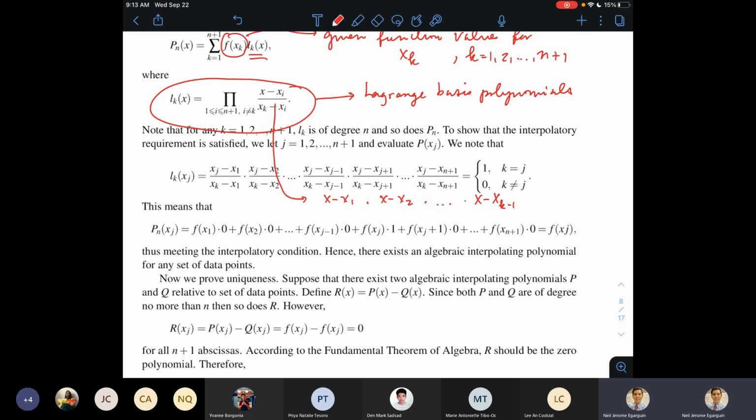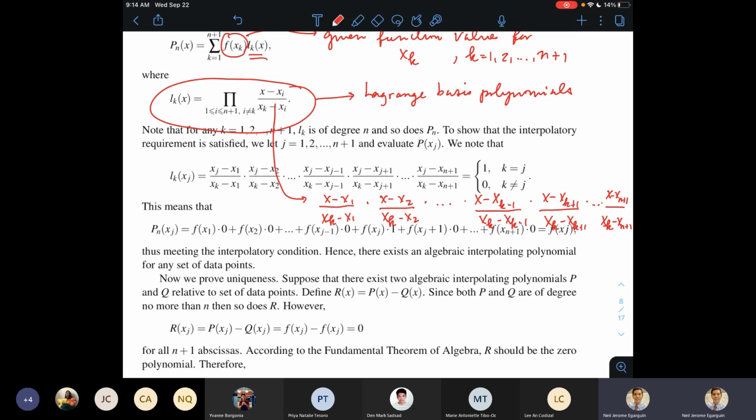Tapos liligtangan niyo yung x sub k kasi hindi pwedeng i equal kay k. So ang susunod sa x minus x sub k minus 1 ay x minus x sub k plus 1, dire-diretso na to hanggang x minus x sub n plus 1. And then yung mga denominator ay xk minus x1, xk minus x2, xk minus x sub k minus 1, xk minus x sub k plus 1, hanggang xk minus x sub n plus 1.